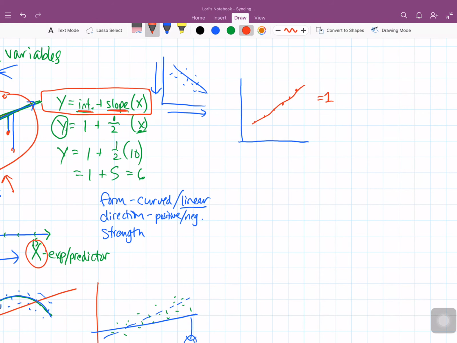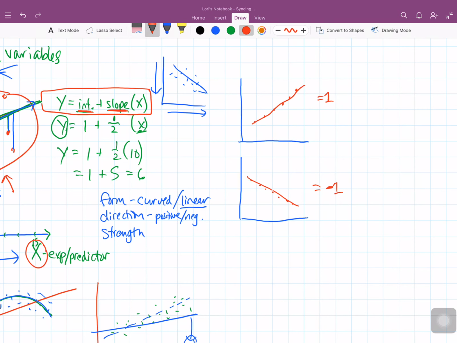If we have a similar relationship where all of those dots are somehow kind of down and to the right, then that is described as equal to negative 1. And so those are all exactly on the line.